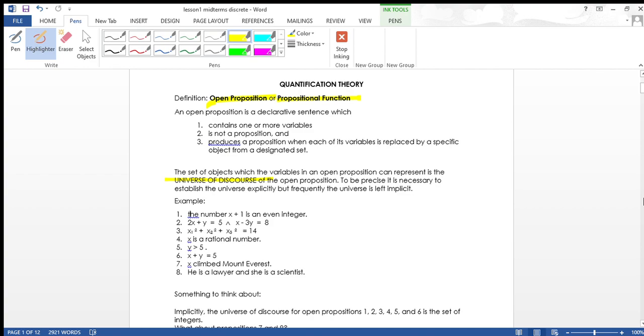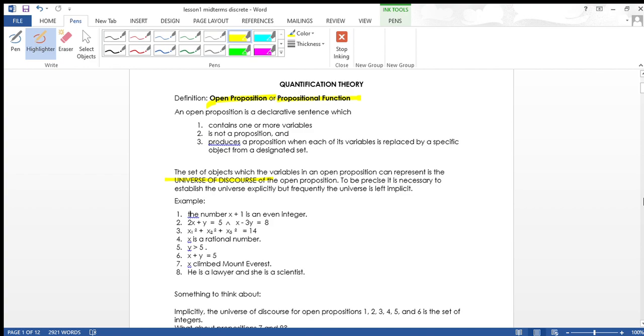Similarly, the second example, we have 2x plus y is equal to 5 and x minus 3y is equal to 8. We have there two variables, x and y, but we don't know their values. Therefore, we don't know whether that sentence is true or false, and we cannot declare its truth value unless we have the specific values for x and y.